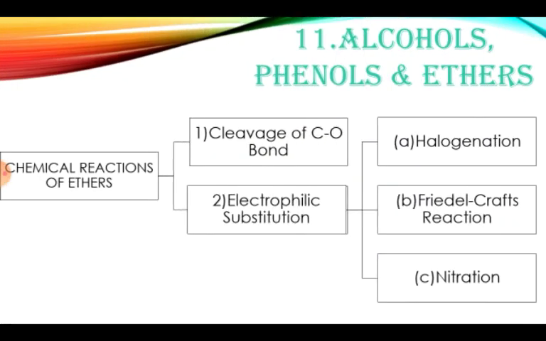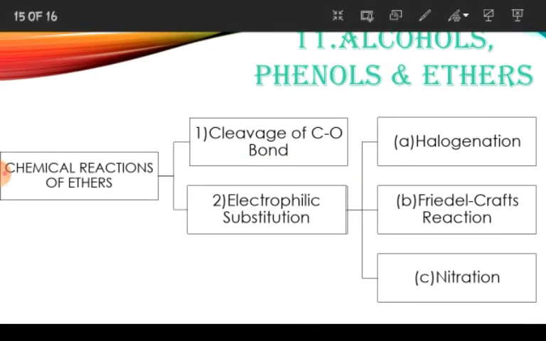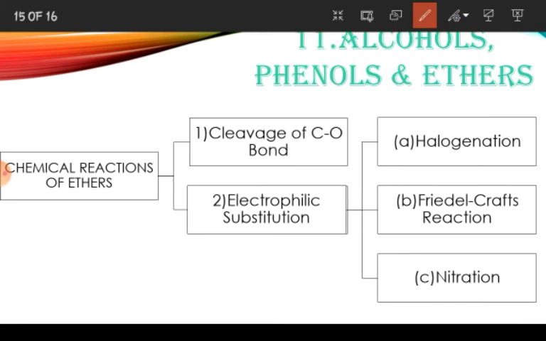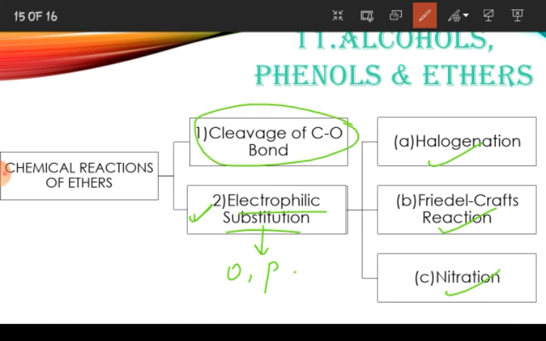So these were the chemical reactions of ethers that I discussed with you today. This second part we have already studied, and what we need to remember is that we get ortho and para products in halogenation, Friedel-Crafts and nitration reactions. The first part I discussed, you need to remember in three conditions.